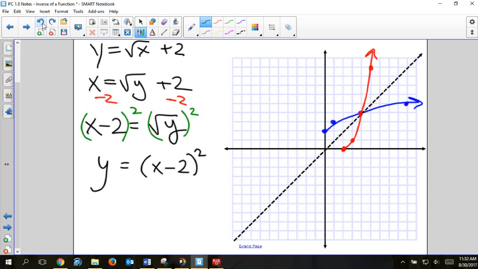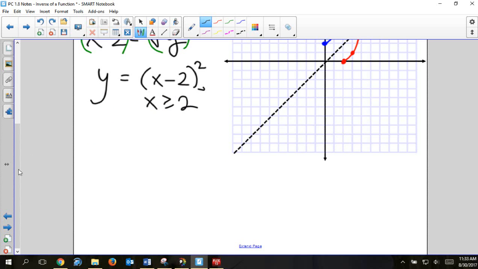We have to put a restriction on the domain. So it's going to involve x. Which x's are graphed? All of them? No. Which x's are graphed? Starting at 2 and then above. So greater than or equal to 2. So you'd have to put that restriction on.